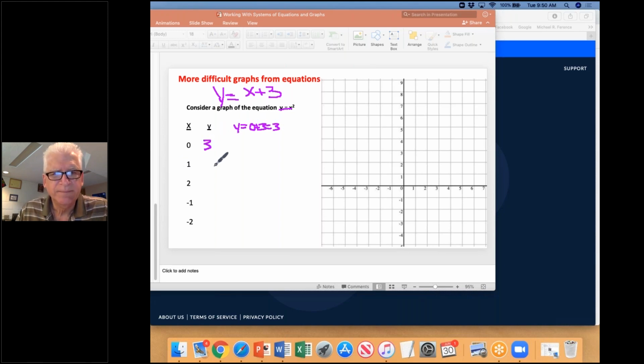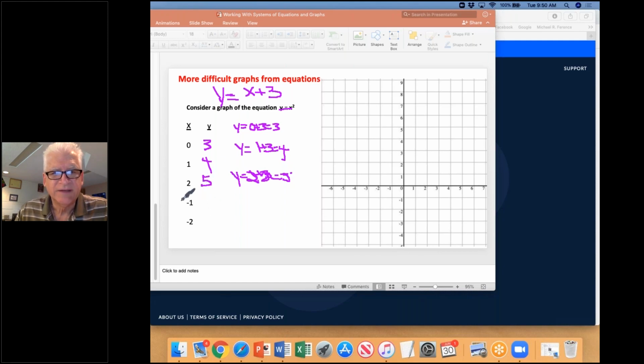Now I'm going to plug in 1. When x equals 1, I've got 1 plus 3, 4. And x is 2, 2 plus 3 is 5.